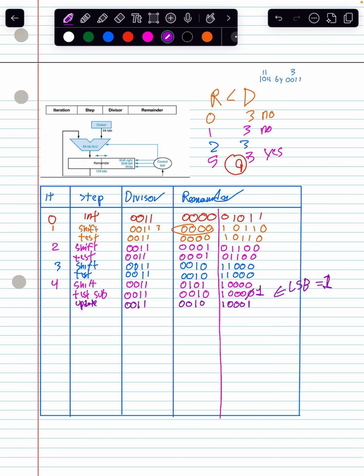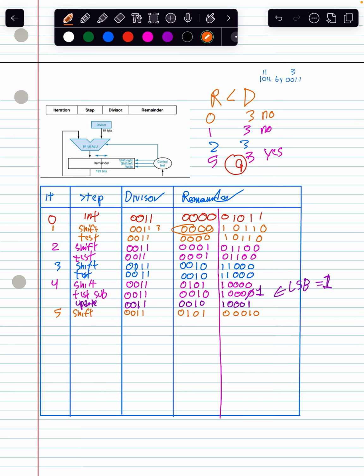So now on to the next iteration, 5. I'm going to shift it again. That's the shift. And then we're going to check it. Is 5 greater than 3?